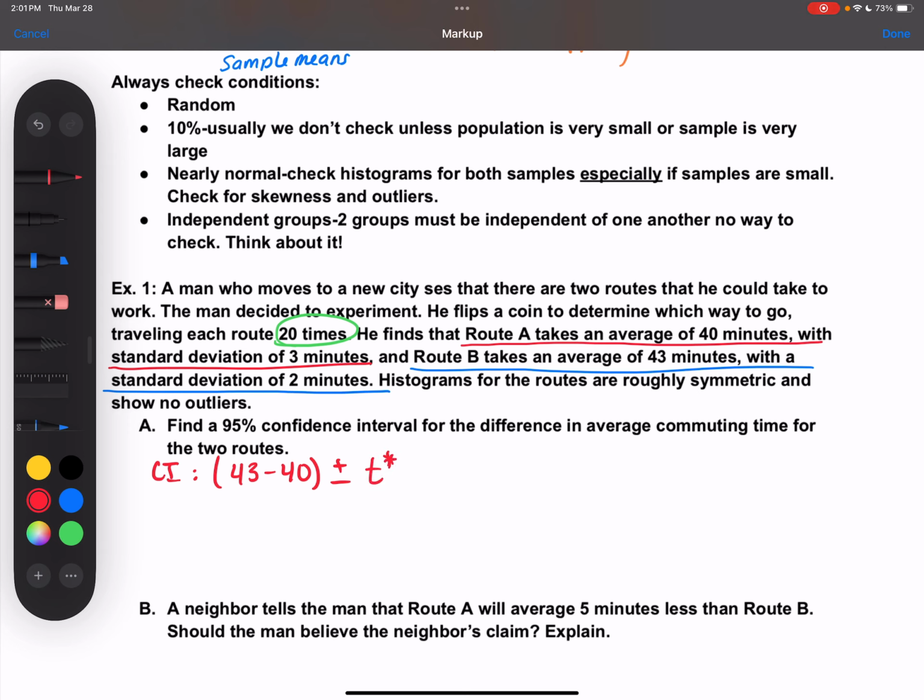I'm just going to write this here because we don't know that number yet. That's why you need to let your calculator find it for you. And then this times the square root of 2 squared over 20 plus 3 squared over 20. I think it's going to ask you, but don't pull the data when it asks you.